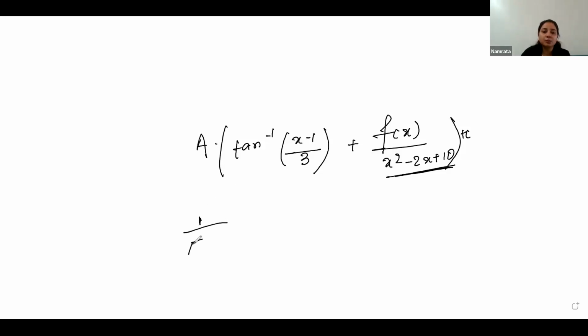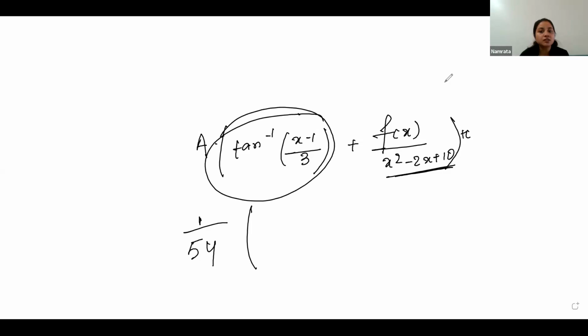Outside we were having 1 by 54 in that question. For as of now I am unable to share the page, so that's why I'm continuing it over here. Tan inverse (x minus 1) by 3 we were already having as the second term. So here it is written as the first term. No worry, a plus b or b plus a is the same thing. So we got that pattern.